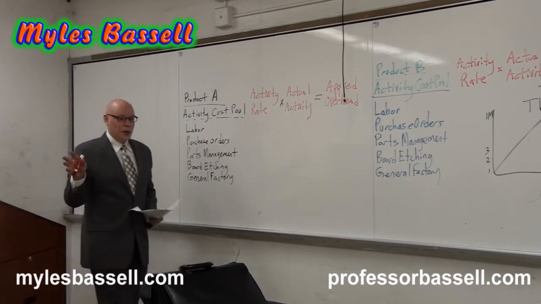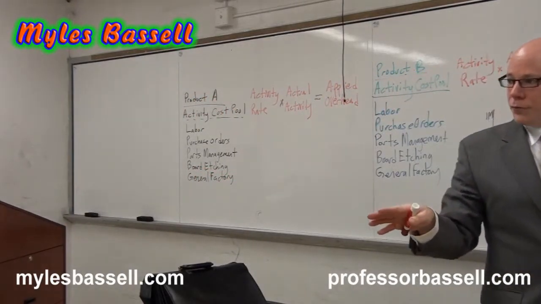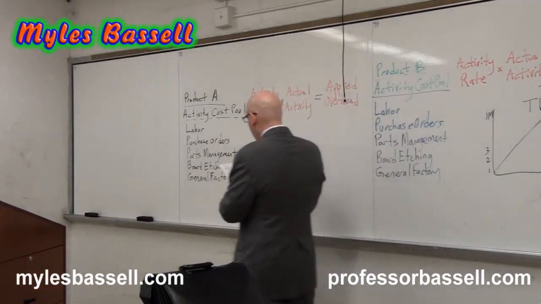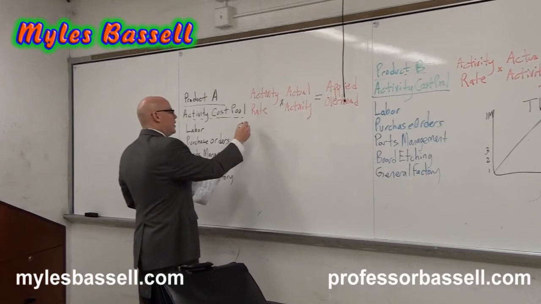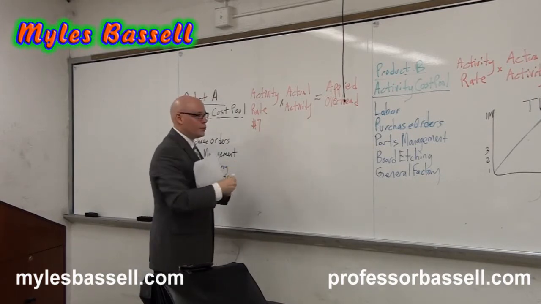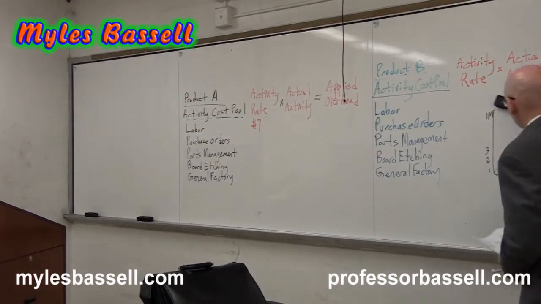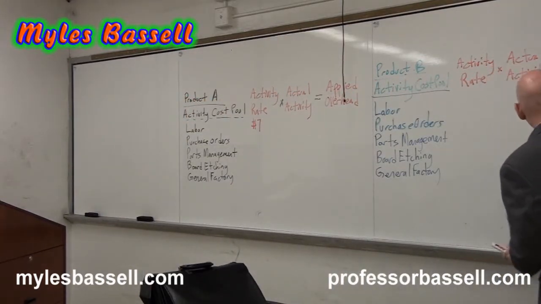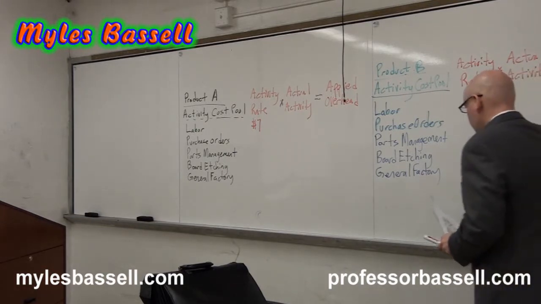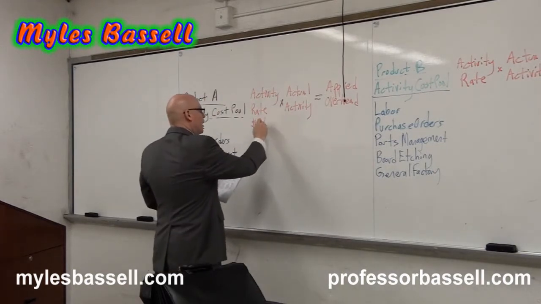We did 3.6 in class last week, and so we calculated some of this information already. We calculated the labor rate is $7 per direct labor hour.